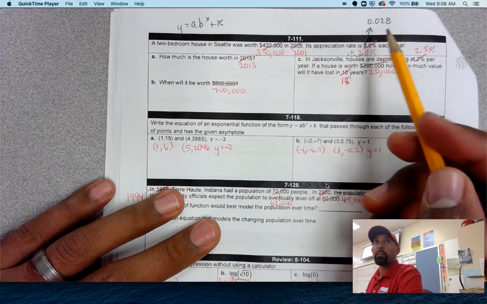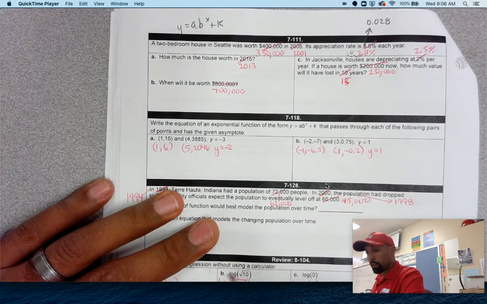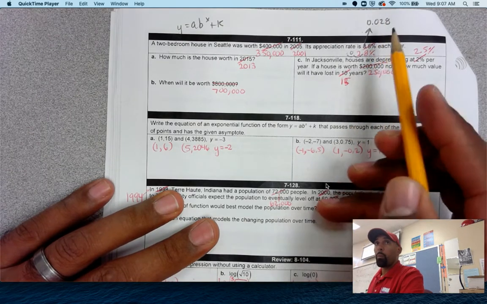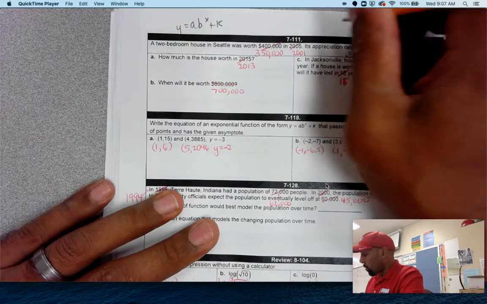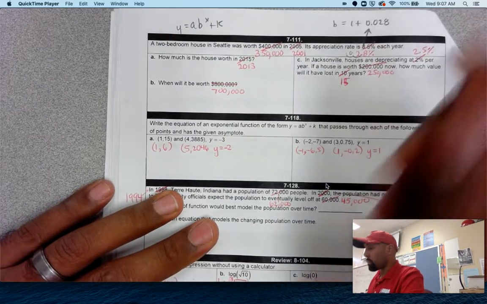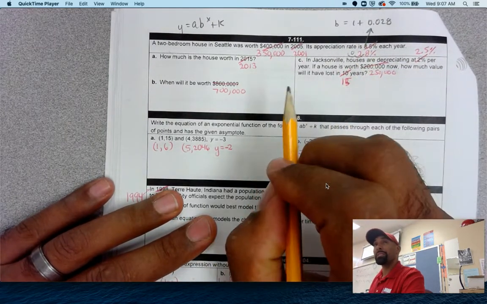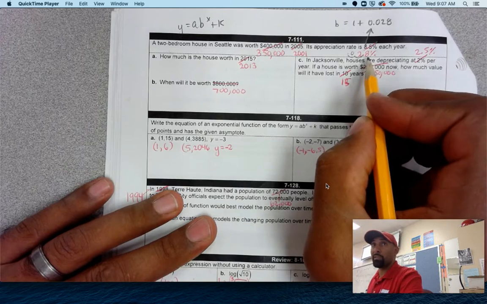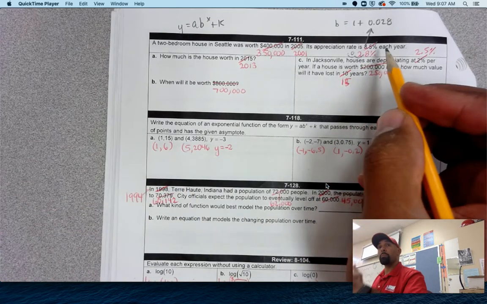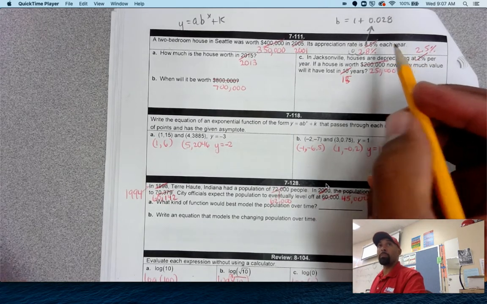Now, if you remember working with multipliers, I don't just use this as my b value. What I need to do is add 1 to that, and that will be equal to my b value. You always add 1. Basically you're adding 100% plus 2.8%, because you're increasing the value, multiplying the value by 102.8%.